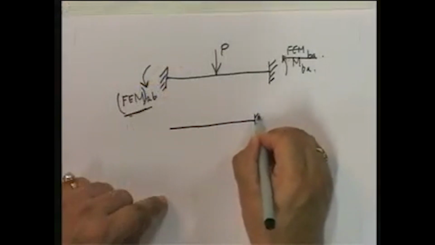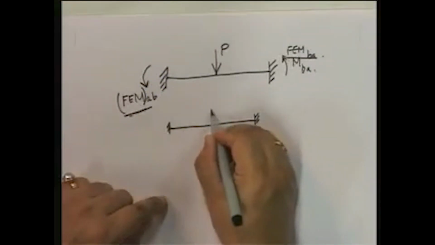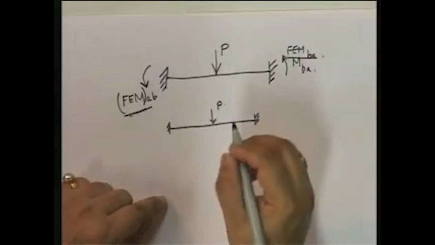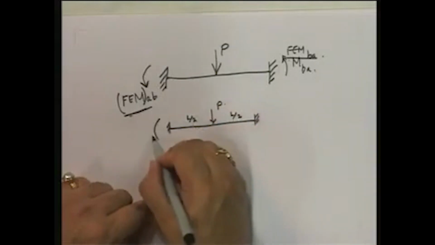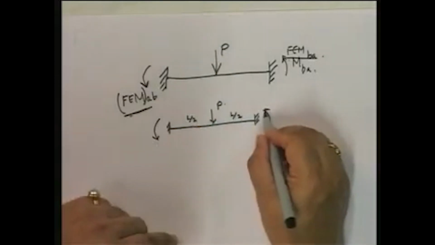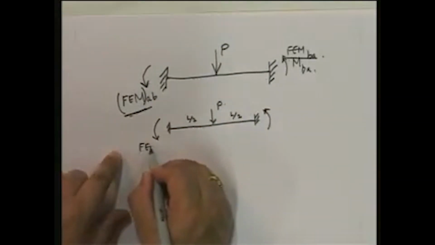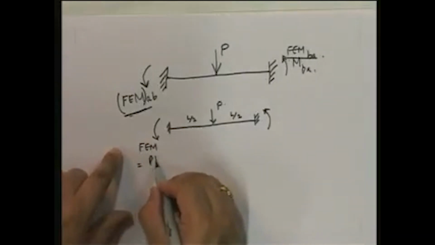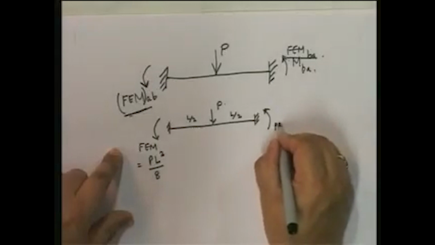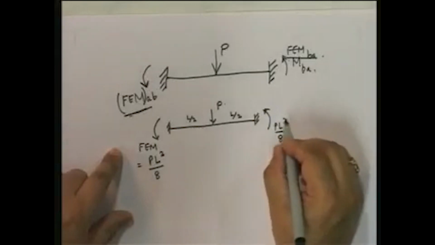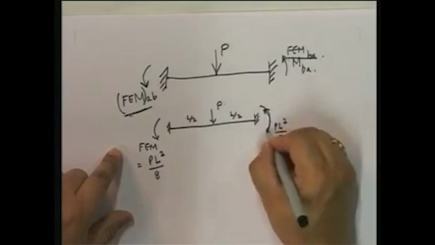For example, in any structural analysis book, if you have a load at the center, L by 2, L by 2, they will tell you, given in handbooks, this fixed end moment is going to be equal to PL squared by 8, and this is also PL squared by 8, but in the opposite direction.